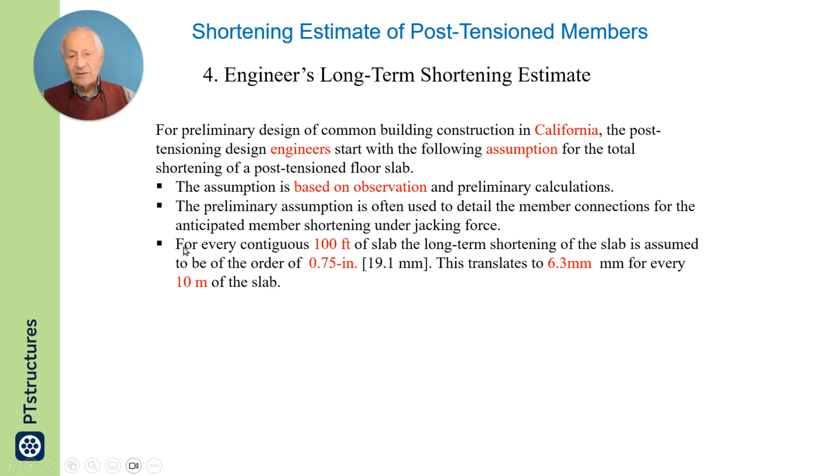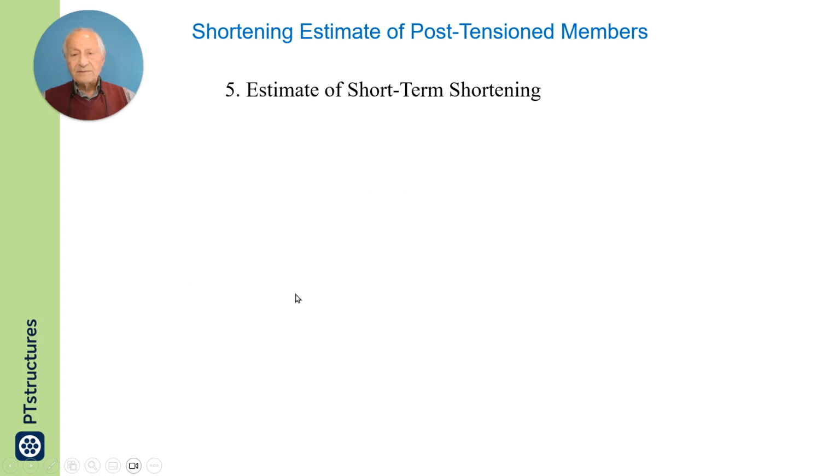Now this is the assumption to start with. For every 100 feet, the long-term shortening of the slab is assumed to be 3/4 of an inch. This translates to 6.3 millimeters for every 10 meters of a floor slab.